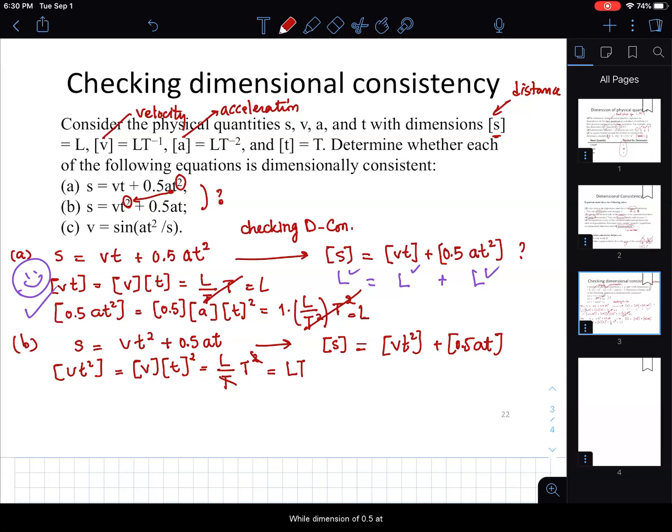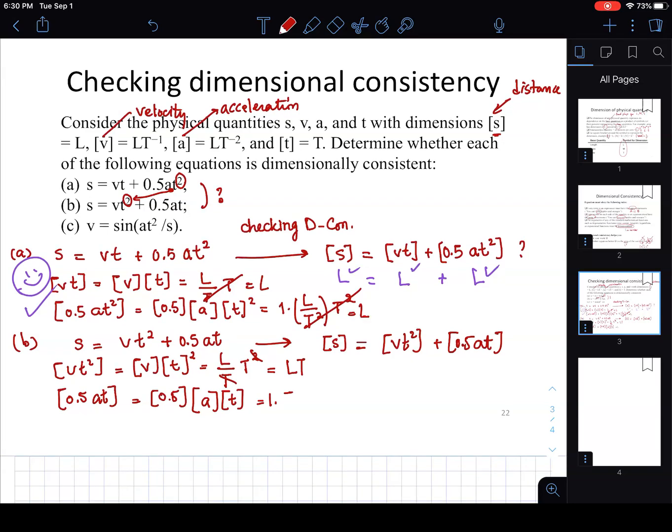Then the dimension of 0.5 AT is the dimension of 0.5, which is 1, times the dimension of A, length over T squared, multiplied by T. This gives us length over time.